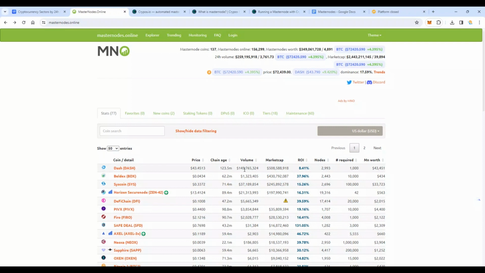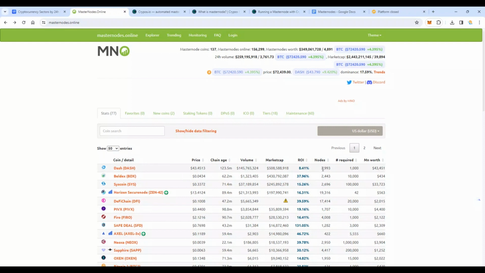The volume is $145 million, this is the 24-hour volume. You can see the market cap is $508 million, and you can see the return on investment that you're going to be making by running a Dash masternode, okay?